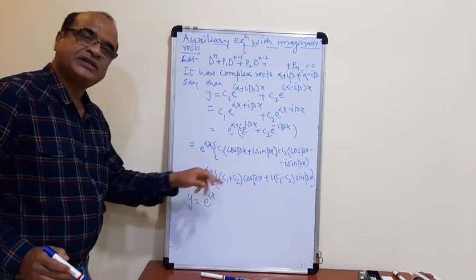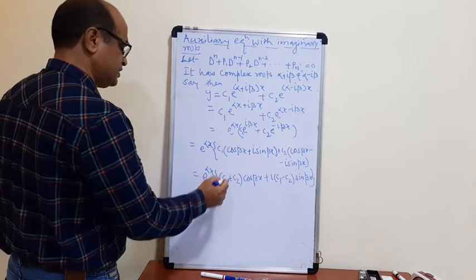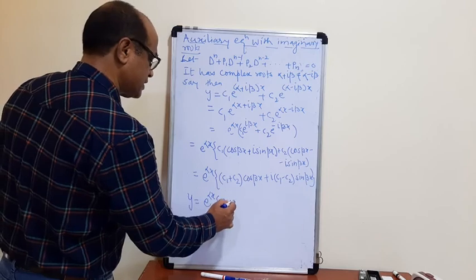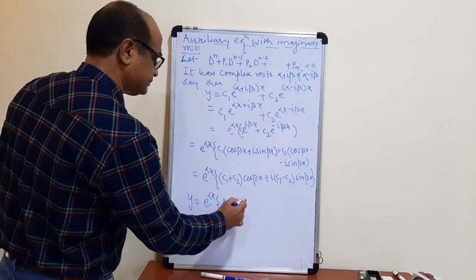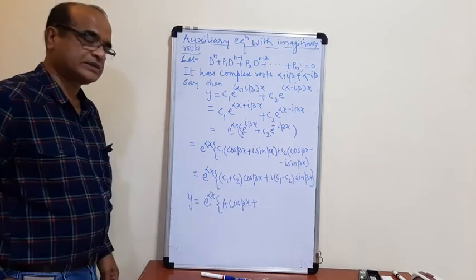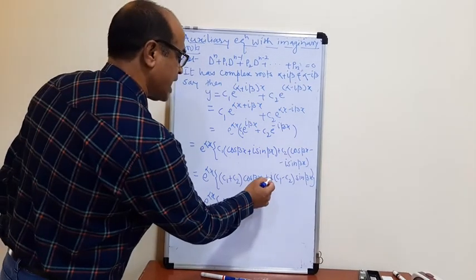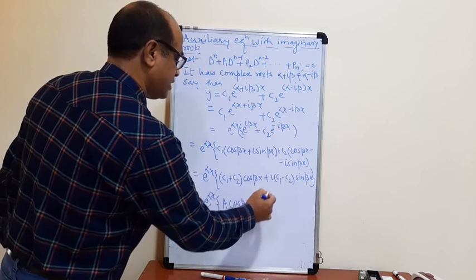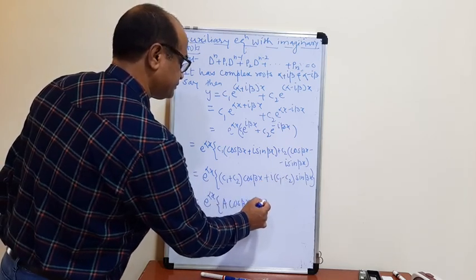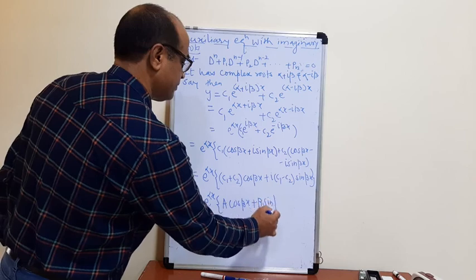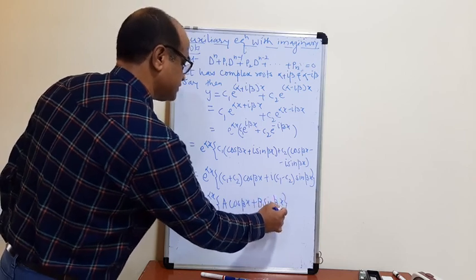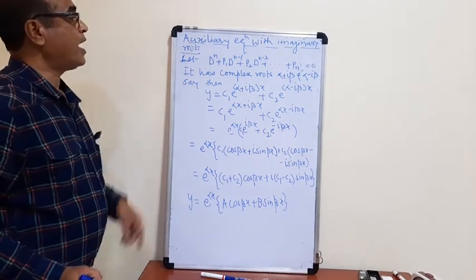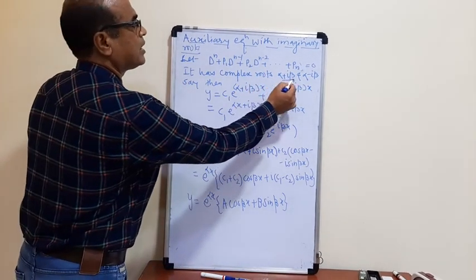Here c1 and c2 are constants. So c1 plus c2 we say here a, cos beta x, plus i constant c1 minus constant c2, so this is a constant, we say b, sin beta x. So this is the solution of this equation when the roots are complex.